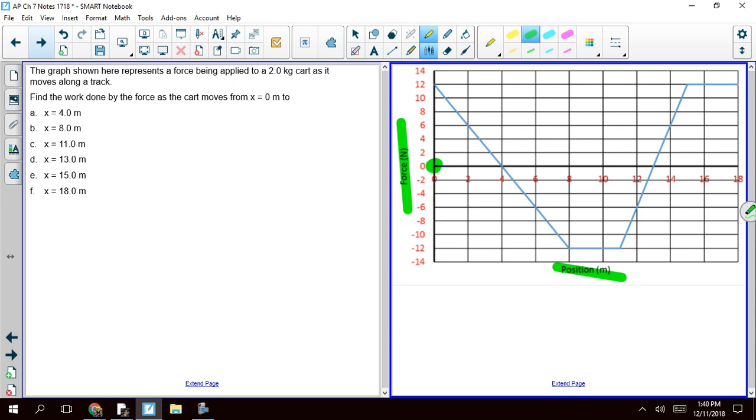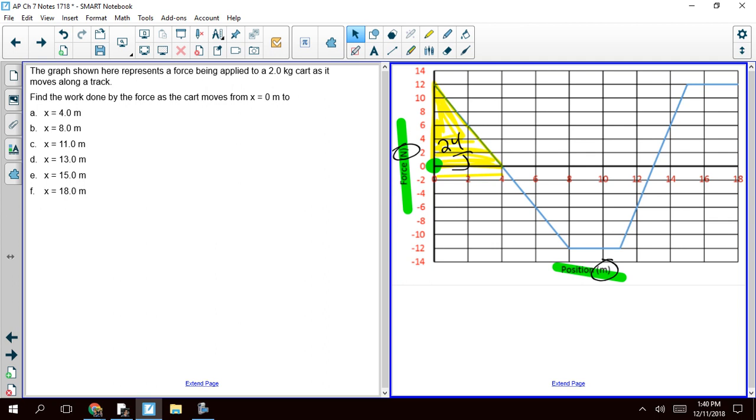Basically, you're going to break this thing up into chunks and find each of the areas. For this chunk here, half base times height. Half of our base would be 2, times 12, so that looks like 24 joules. Notice the units do work out, because newtons times meters is what a joule is.